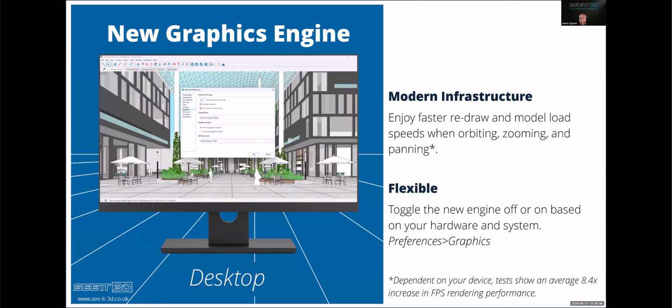When you install SketchUp for the first time, it will be set to the new graphics engine by default. You'll go in there, have a look at the preferences under graphics, and you'll notice that it's on.